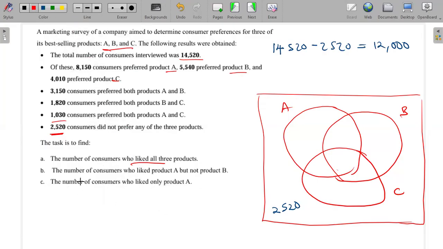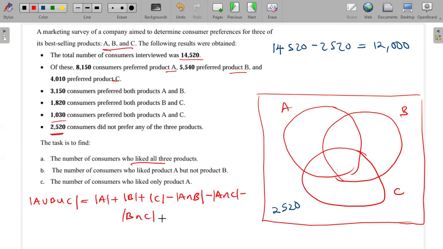We say the absolute value of A union B union C, because we're looking at people, so it has to be positive, equals set A plus set B plus set C, minus A intersect B, minus A intersect C, minus B intersect C, and lastly plus A intersect B intersect C.